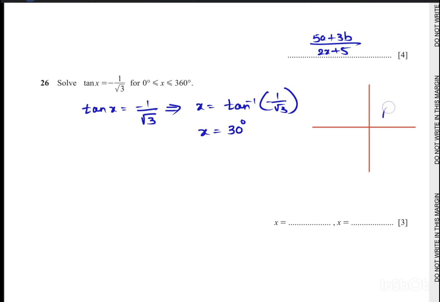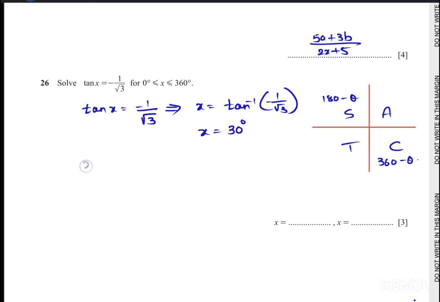So the mnemonic all students take calculus. Now tan values are positive in third quadrant but negative in second and fourth quadrant. So second quadrant is 180 minus theta and fourth quadrant is 360 minus theta.